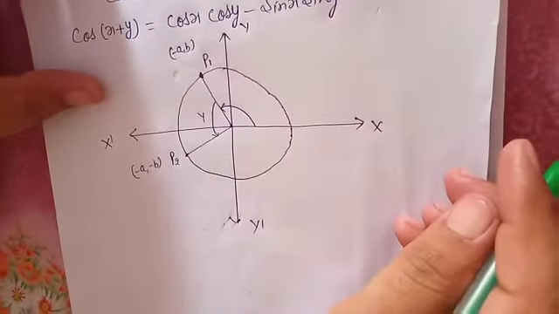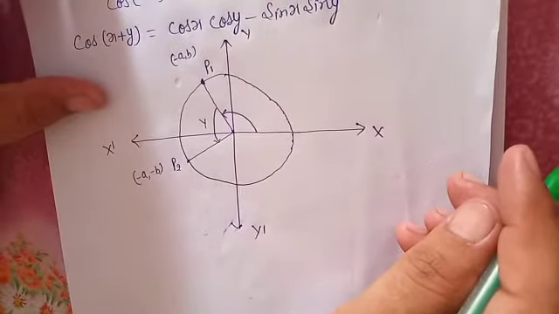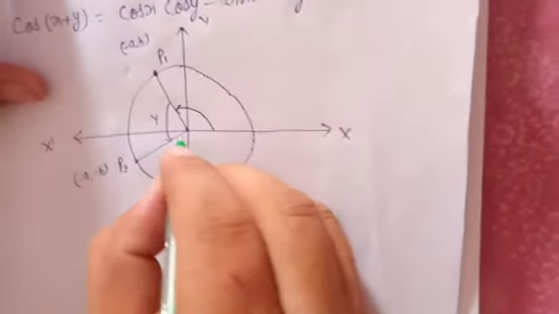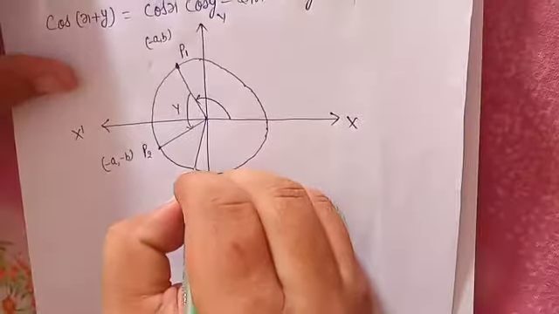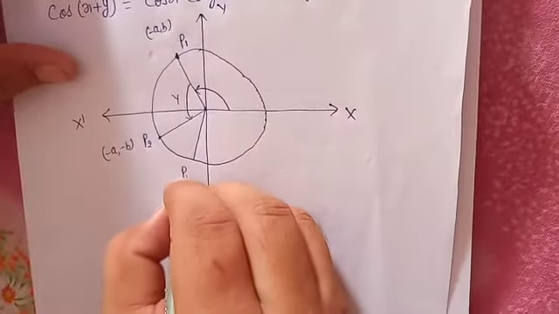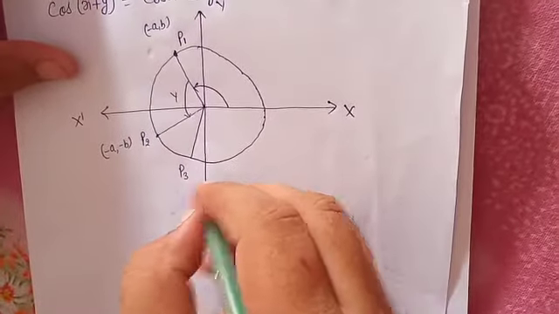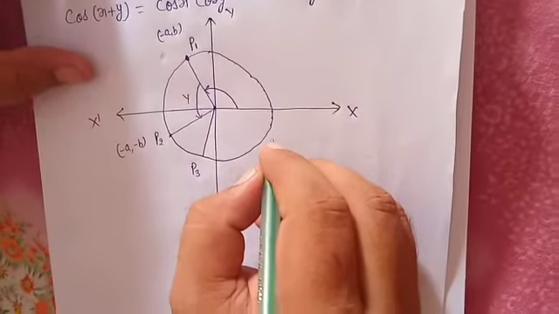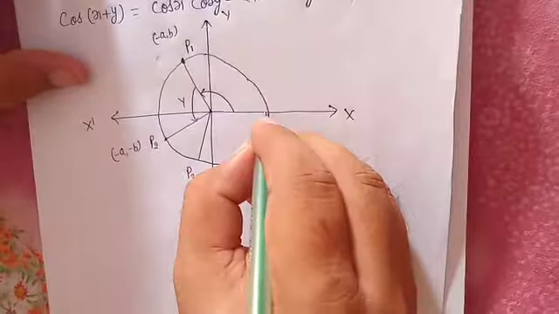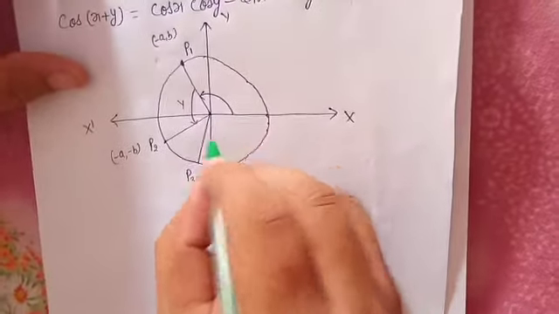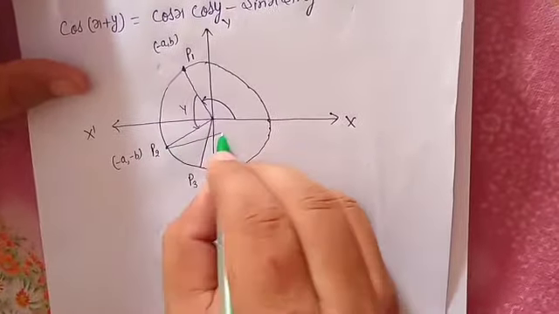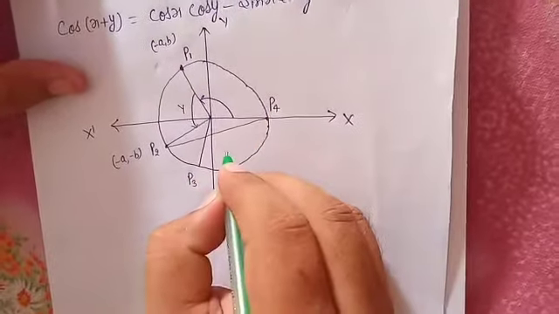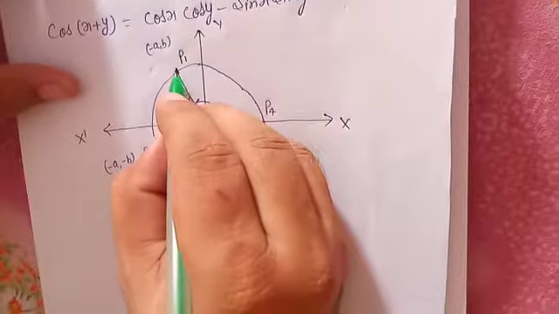Y. Yes or no? This given point, its name is P3. Its coordinate also you know, but later on you have to find out, and take one more point here. Join this. This is P4. Join these.